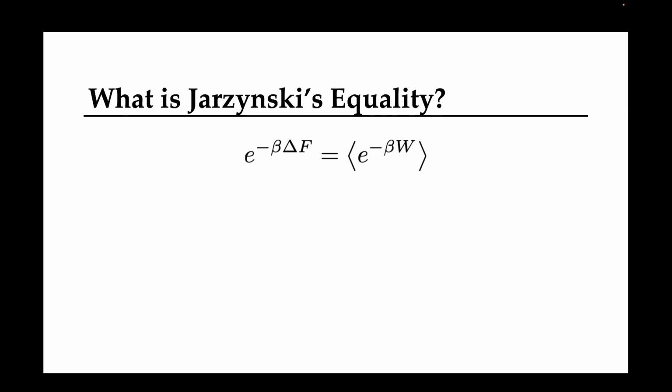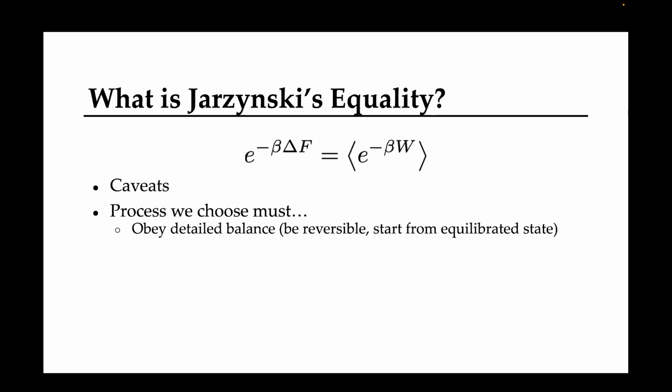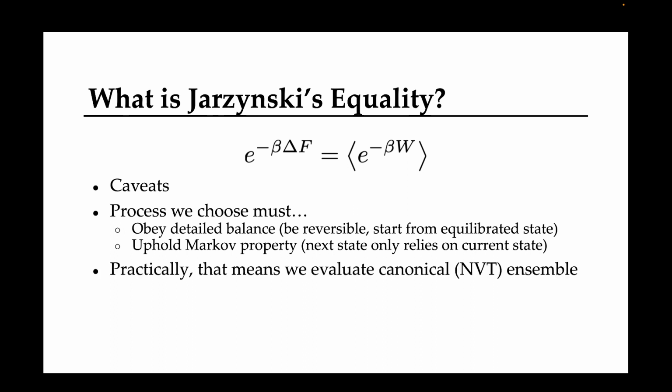right? And so there's a couple of caveats with this. One is that the process that we choose has to obey detailed balance. So it's got to be reversible. And we have to start from an equilibrated state. And we also have to uphold the Markov property, right? And that means that the next state of our simulation can only rely on the current state, can't rely on any previous states before that.